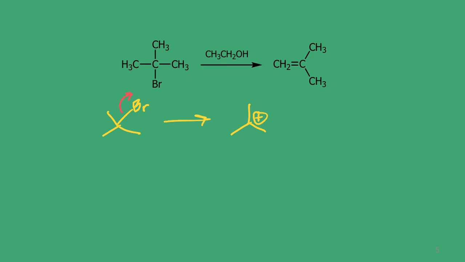In an SN1 reaction, a nucleophile would add to that carbocation, but in the E1 pathway that leads to elimination, the nucleophile is acting not as a nucleophile, but rather as a Bronsted base. And it's going to remove a hydrogen on a carbon that's adjacent to the carbocation.